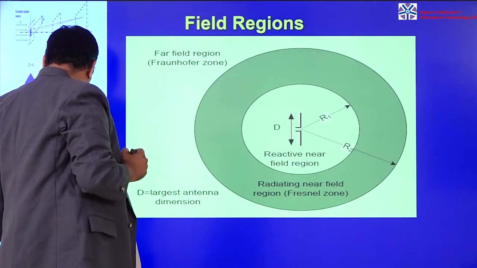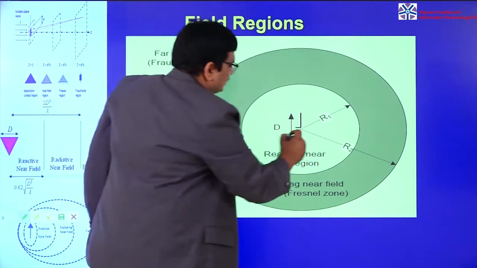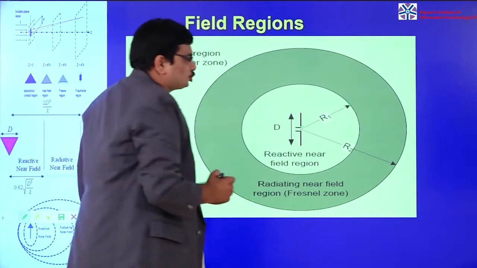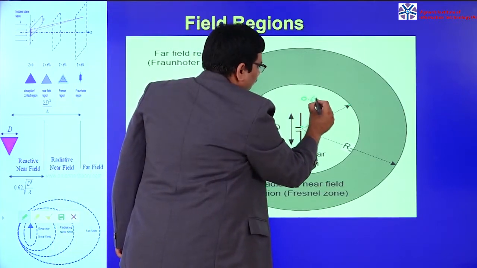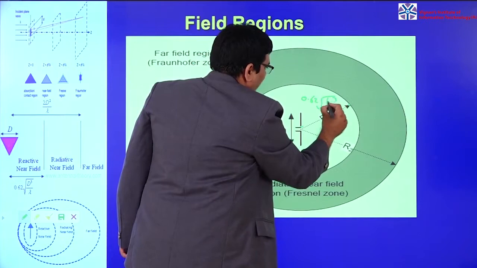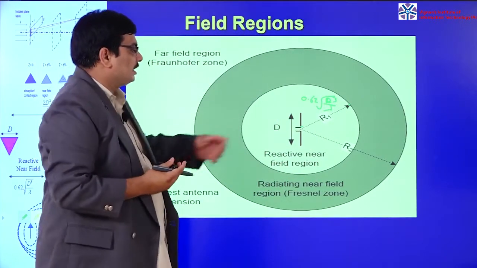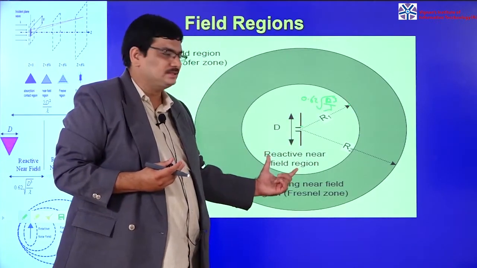One is the reactive region, which is close to your antenna. Its distance is 0.62 times the square root of L cubed by lambda, or d cubed by lambda. That is the distance between your antenna and the first zone, the reactive near field region.